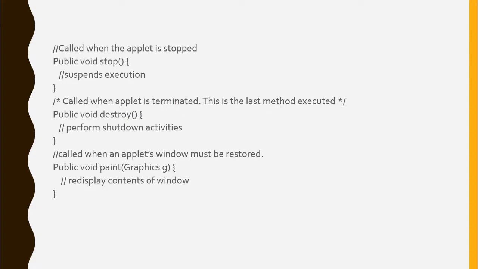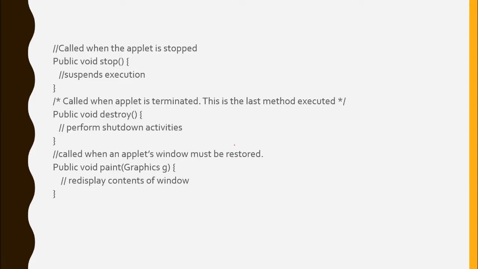Destroy is the last method executed. Public void destroy performs shutdown activities. Paint is called when the applet's window must be restored. So these are very much needed, and we need to see that they are executed and run fine.